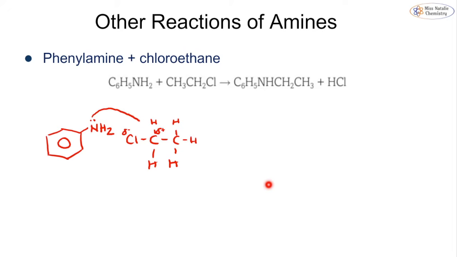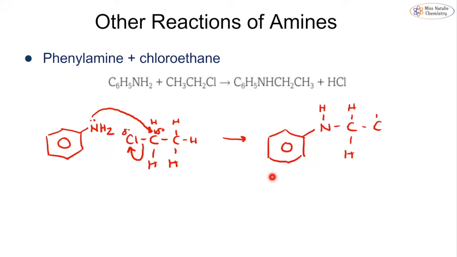So this is going to attack the carbon, and we're going to get a movement of electrons into the chlorine. And again, similar to the reaction with the ammonia, we're going to get that additional attack, and we're going to end up forming an overall product that will look something like this.